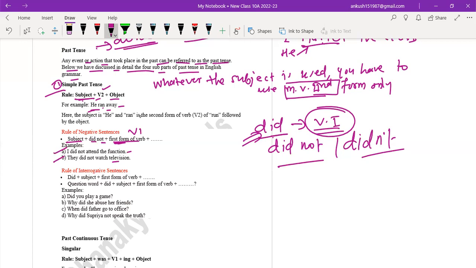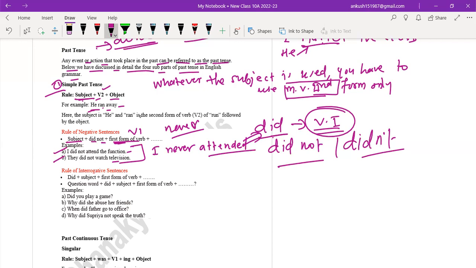But without did, if you want to make it negative, what can you use? Never. This is another negation word you can use, like I never attended.